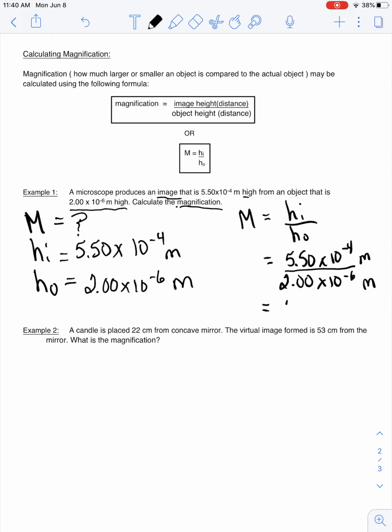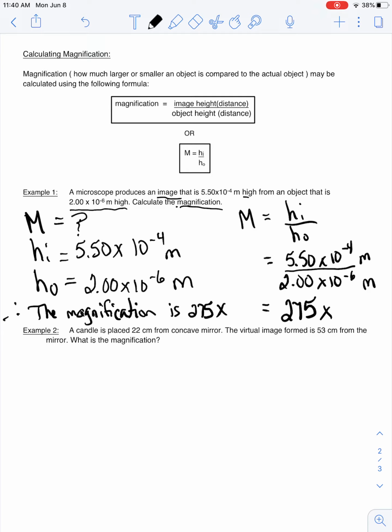So I get 275 times. That's the magnification. So the magnification is 275 times. And that's how you do those questions, including the statement at the bottom: all the givens, write down the formula, sub in your numbers, make sure your units are right.